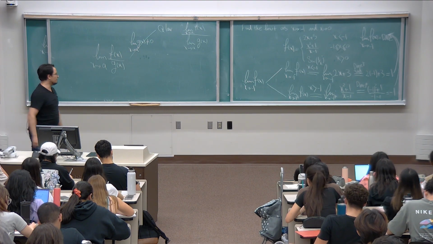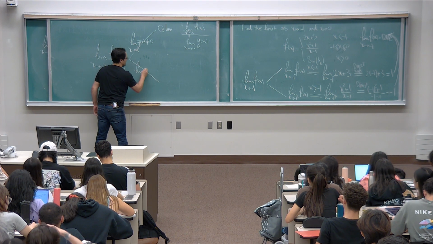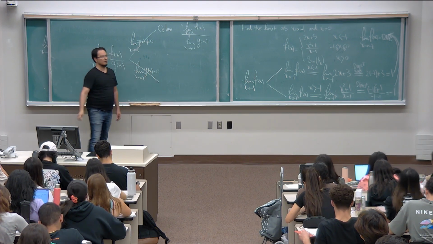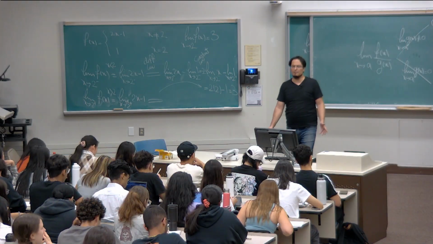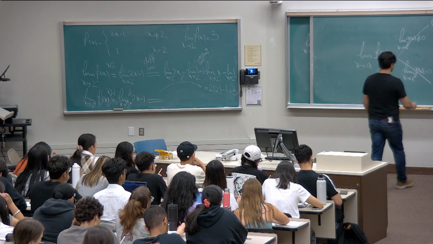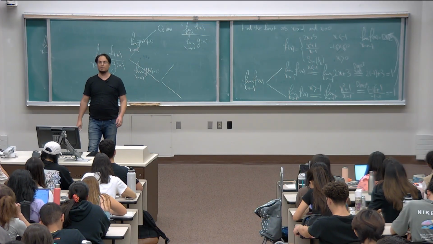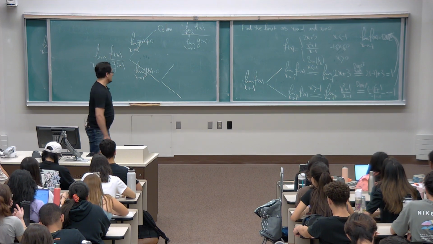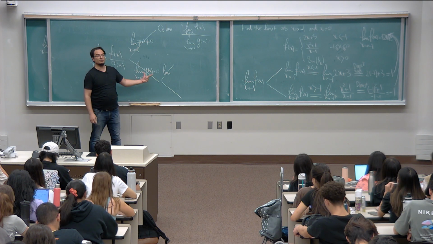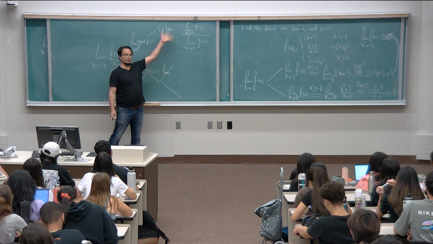But what if the limit of the denominator is 0? What will happen if the limit of the denominator is 0? Well, you need to do one more work to be able to say what the result is. If you see the limit of the denominator is 0, one thing you should note is that I cannot use the quotient law anymore.